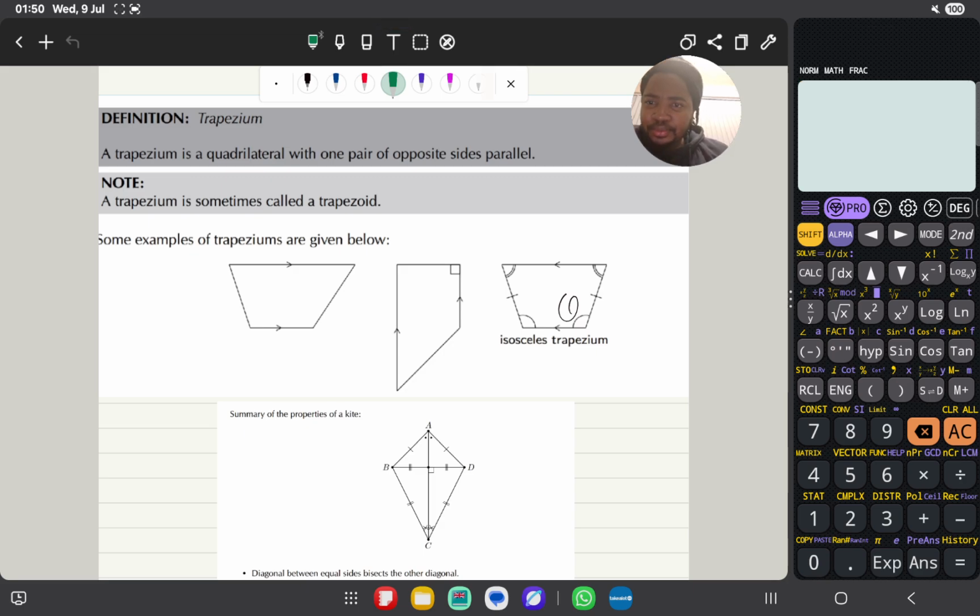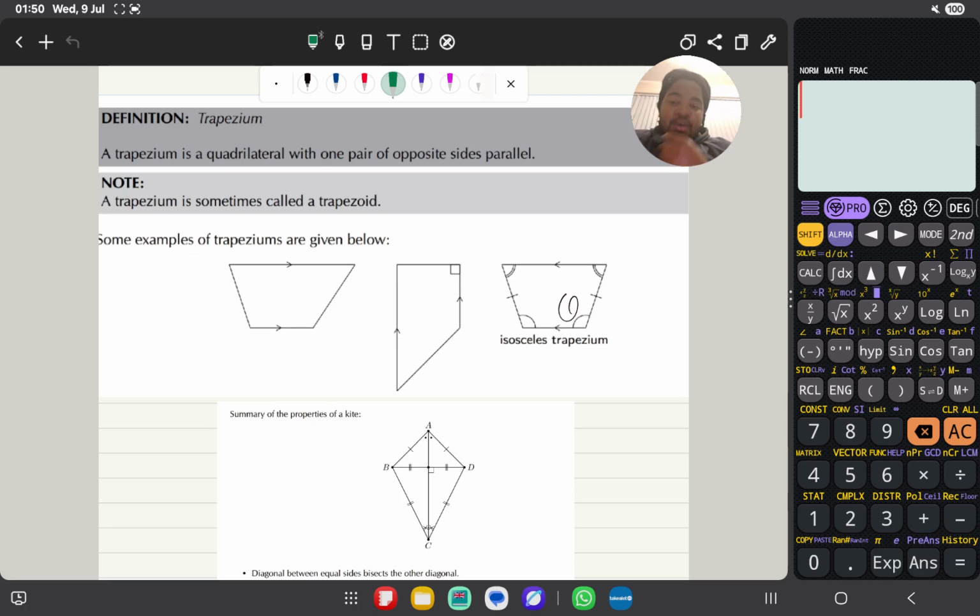So another quadrilateral we can look into is called a trapezium. So far, all the quadrilaterals we've done are the parallelogram, which is a pushed rectangle itself, the rhombus, as well as the square. In all of these shapes, both pairs of opposite sides are parallel to each other, right?